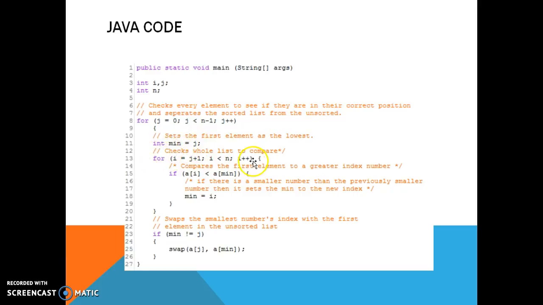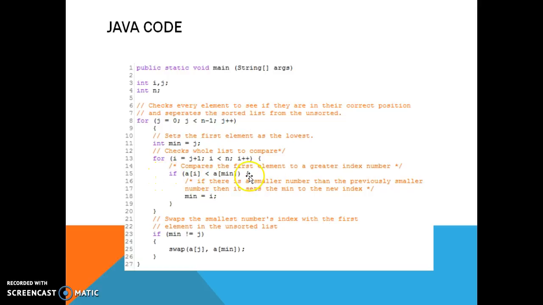Then for the next for loop, it will run through the whole unsorted list and check every single value. And inside that, it will compare the minimum value that you have right now, which is j, to any new elements that are in the unsorted portion.